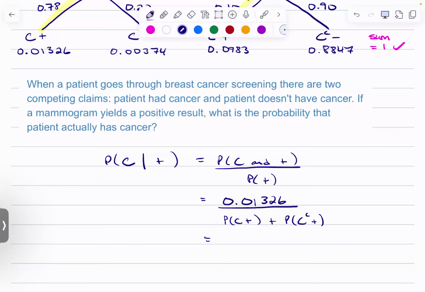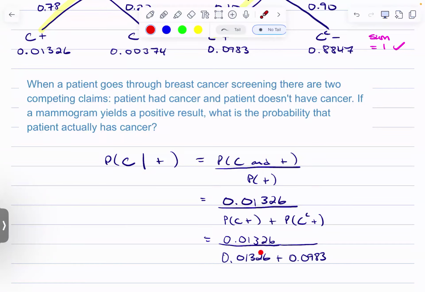Or if you prefer, 0.01326 divided by 0.01326 plus 0.0983. It throws a lot of people off that you have the same number in the numerator and the denominator, but because these are being added together, they don't cancel.